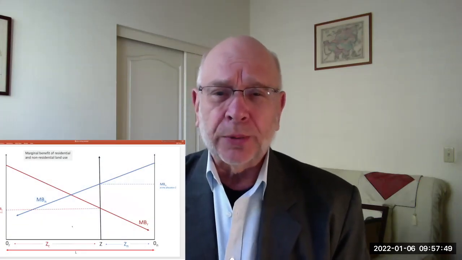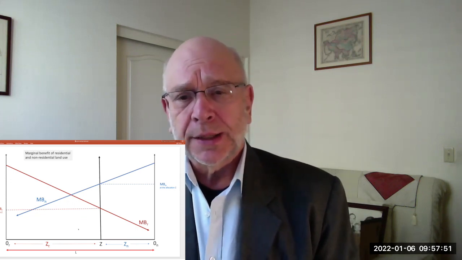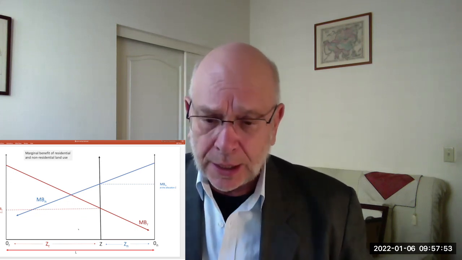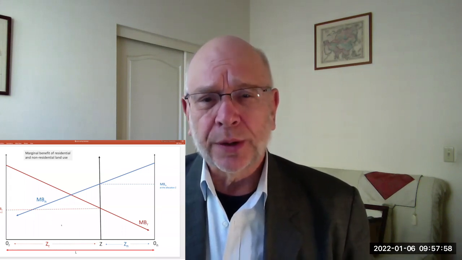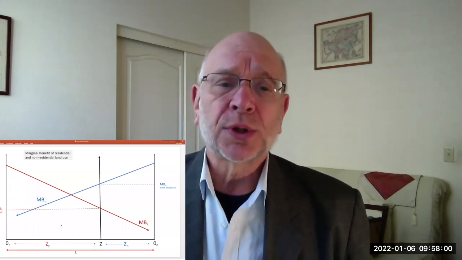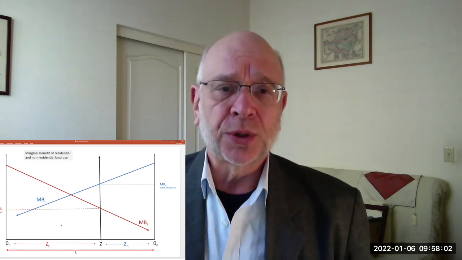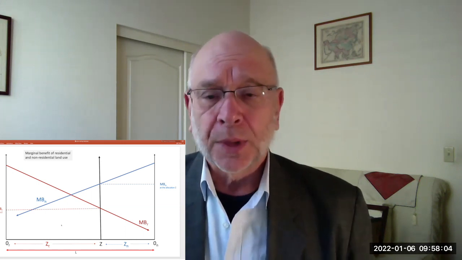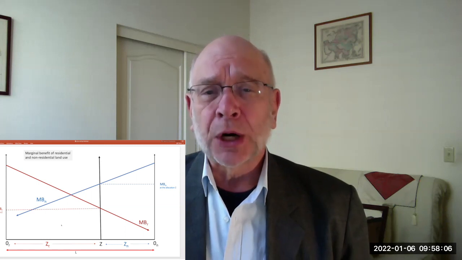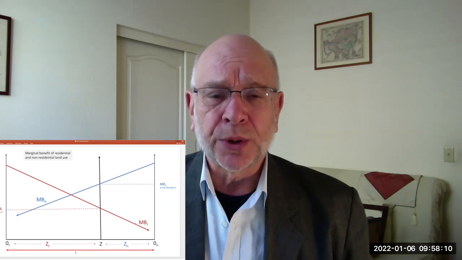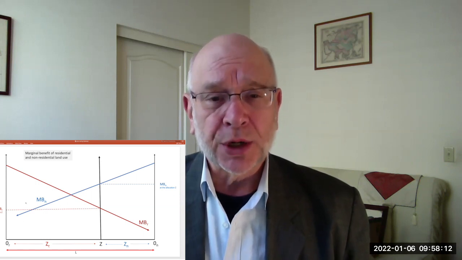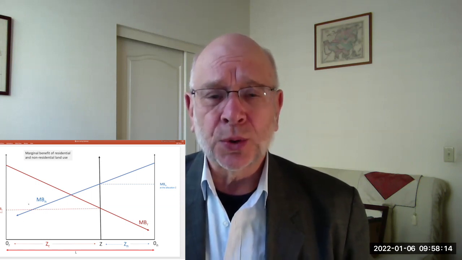Applying our economic reasoning, we're going to think about the marginal benefits associated with residential use and non-residential use. The concept of marginal benefit is something that we introduced in the presentation on Chapter 1, Thinking Tools.